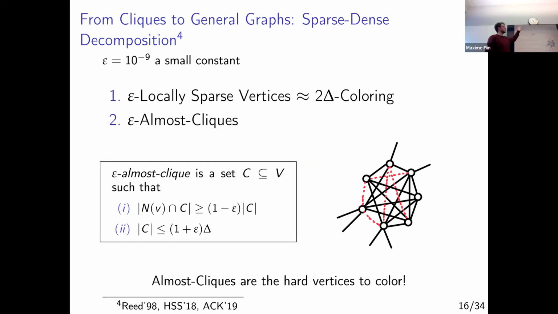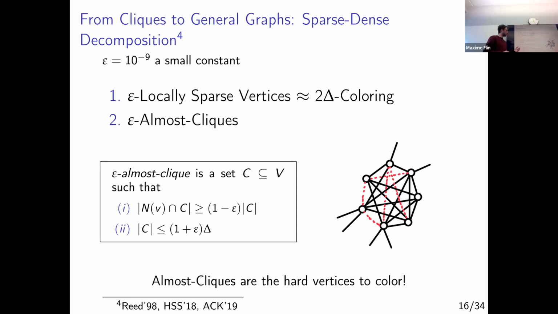Well, you have a decomposition theorem, a structural theorem about graph coloring. It says that you can split any graph between, as I just said, locally sparse vertices, which we're not going to care too much about because it's like two delta coloring, and the almost cliques. And those are really what's going to cause trouble for us.